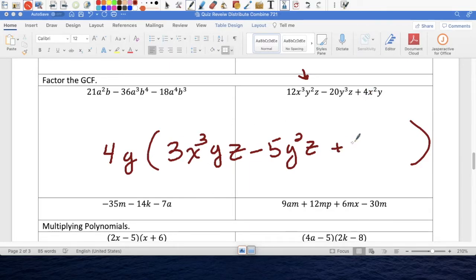We don't have to write 1, right? And then I need to add the x squared, and do I need to add a y? No. 4 times the invisible 1 here is 4, and then x squared is over here, and then y is over there. Right? So this times this gives me this. Okay. Yeah, that's pretty much it.